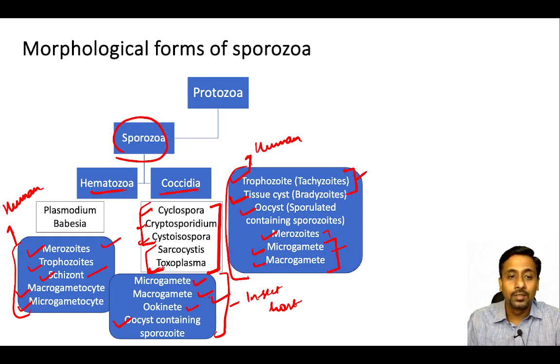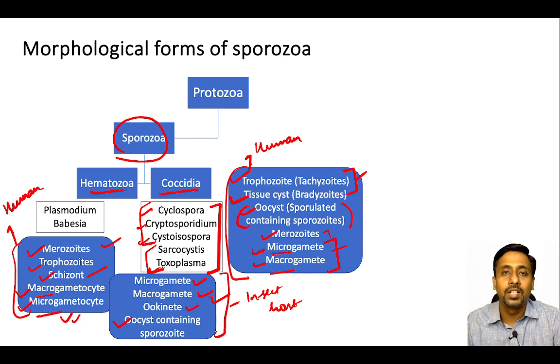Okay, so these two, macrogametocytes and microgametocytes, are not seen in coccidia. They directly produce microgamete and macrogamete. Okay, and the oocyst in these coccidian parasites differ from each other on the basis of the number of sporozoites contained in them.